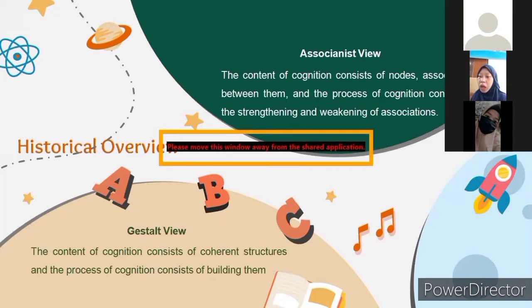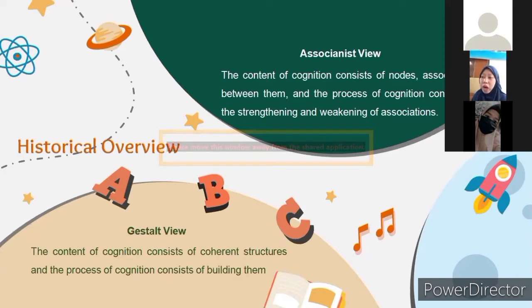And let's talk about the Gestalt view. According to the Gestalt view, cognition consists of coherent structures and the process of cognition consists of building them. As an example, Kohler in 1925 placed an ape in a pen with crates on the ground and a bunch of bananas hanging overhead out of reach.